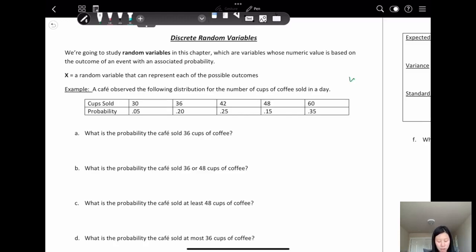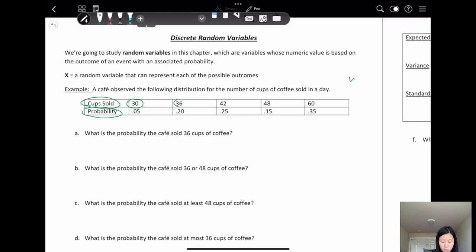A cafe observed the following distribution for the number of cups of coffee sold in a day. The first row is how many cups sold. The second row is the probability of that many cups sold in a day. For example, the chance of selling 13 cups a day is 0.05.